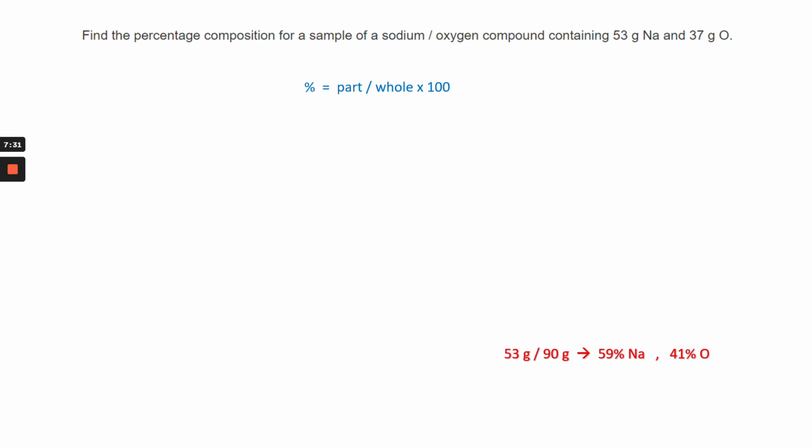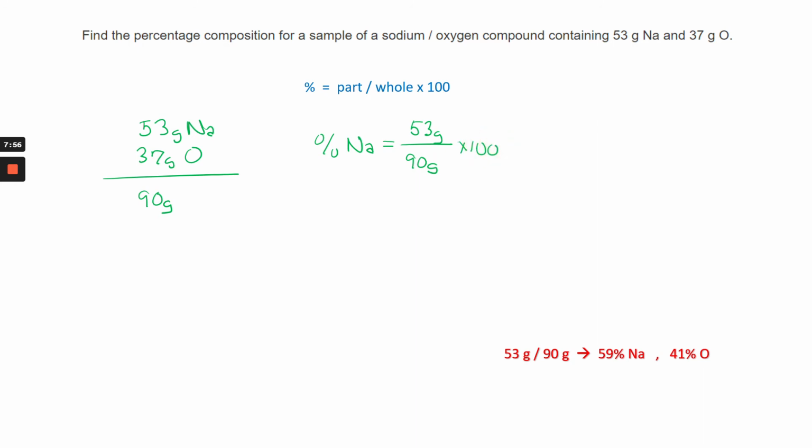It says it's made of sodium and oxygen, and it has 53 grams of sodium, and it has 37 grams of oxygen. So the whole thing must weigh 90 grams. Well, the percent that is sodium is the part that's sodium, 53 grams, divided by the whole, 90 grams, times 100, add a percent.